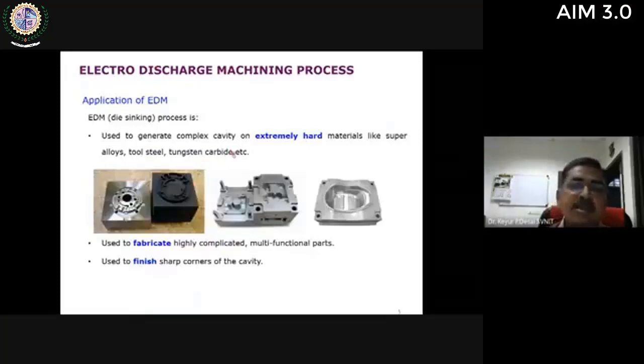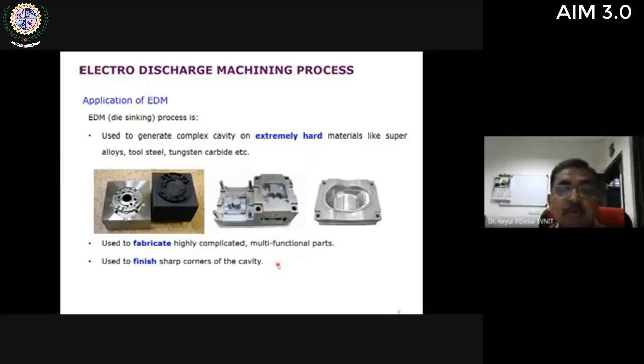As far as the applications are concerned, electro-discharge machining is mainly used for die sinking, which is used to generate complex cavities on extremely hard materials like superalloys, tool steels, tungsten carbides, and other such materials. This process is used to fabricate highly complicated multifunctional parts, which are also used in electronic industries.